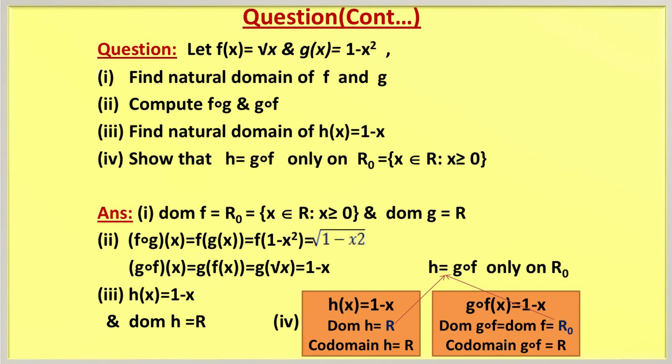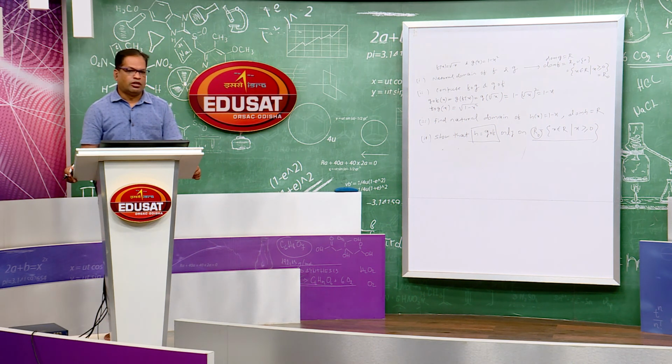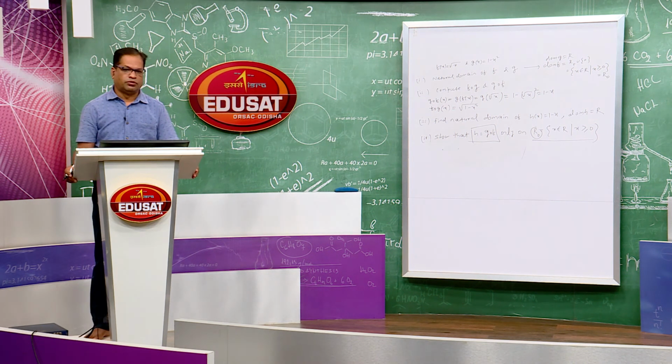So, the functions will not be equal, but they will be equal only at the points which are positive or 0, that is, only on R_0. So, this answers the fourth bit of the question. There are 4 bits and we have solved first to fourth.